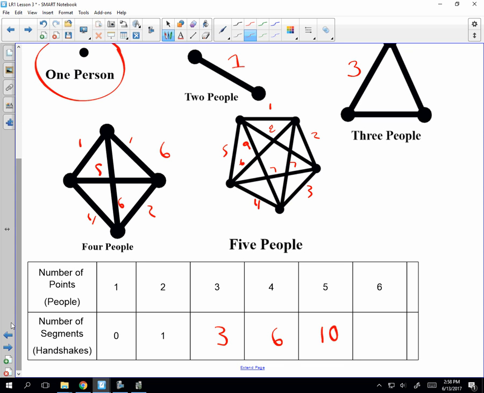Okay, I don't know why I wrote a 7 there for the 10, but let's get that right. And then if we had 6 people, the number of handshakes would be 15.